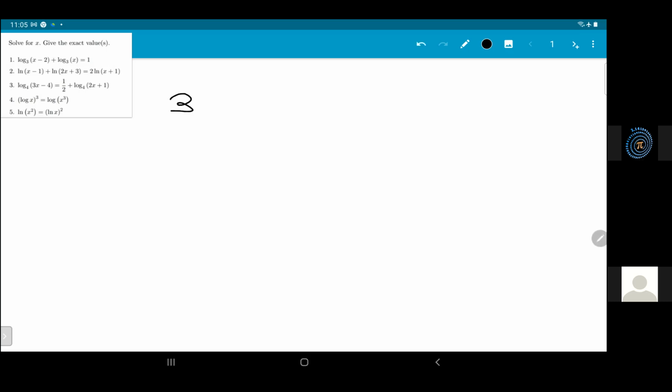Here's the problem: 3 times 9 to the x plus 5 times 3 to the x minus 2 equals 0.